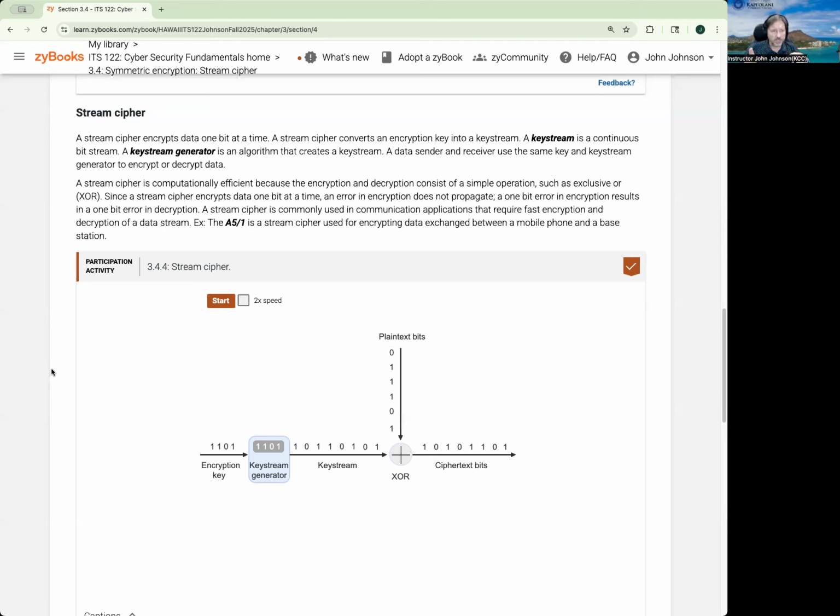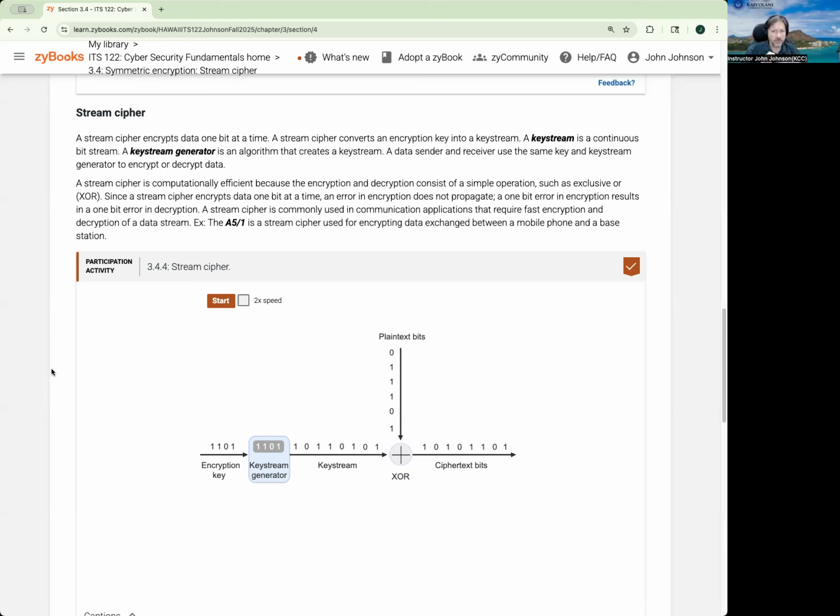When we talk about block ciphers and things like that, sometimes you're XORing your first plain text block with the next one. And if you have a problem with the first one, you're also going to have problems with every single one after that. So these are different. So a stream cipher, essentially, if you have an error in transmission or whatever, it's only that one that's affected. It doesn't affect anything that comes later. Just keep that in mind.